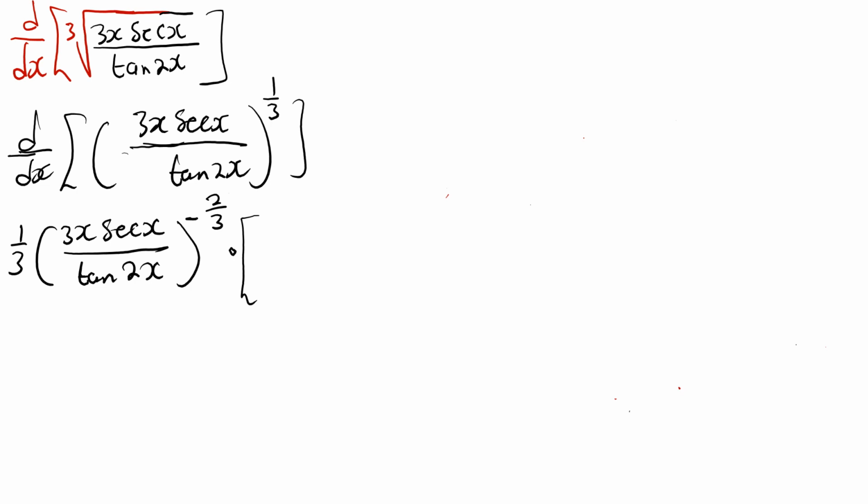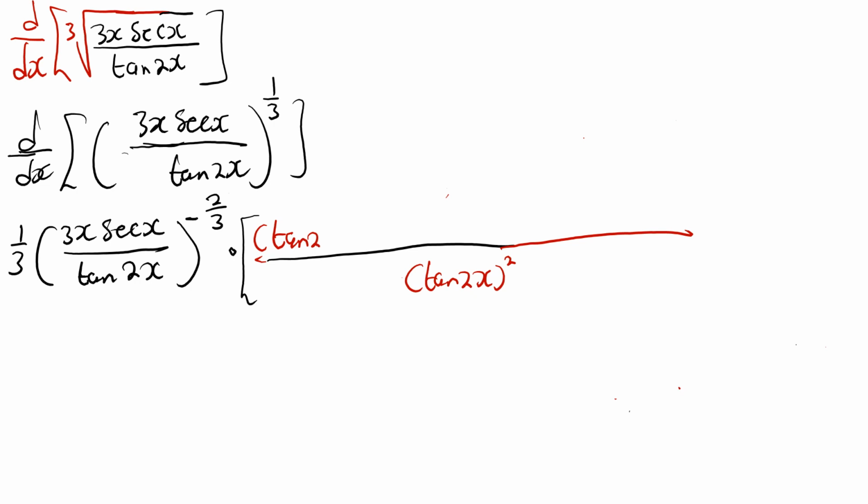Let me just come and apply the quotient rule. So I'm going to square my denominator. I think here we need a long fraction. So I'm going to square tan 2x. And then after squaring that denominator, come and write it here.